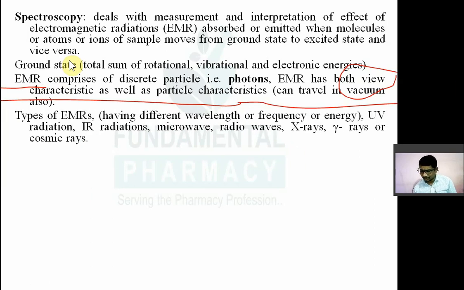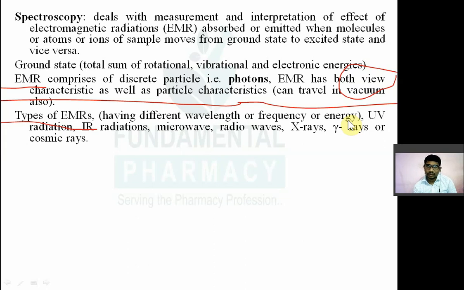Now types of electromagnetic spectrum, कितने टाइप के होते हैं? There are different types of electromagnetic spectrum having different wavelength, different frequency and energy. ठीक है, so electromagnetic radiation में different types के wavelength रहेंगे, उसके according उसको नाम दिया है. So if a particular wavelength is there then they will call it by a particular name. So electromagnetic radiations will have different radiations falling under different wavelength, different frequency, and they will have different energy. ठीक है, तो जैसे X-ray का energy अलग रहेगा, UV rays का energy अलग रहेगा, microwave का अलग रहेगा.